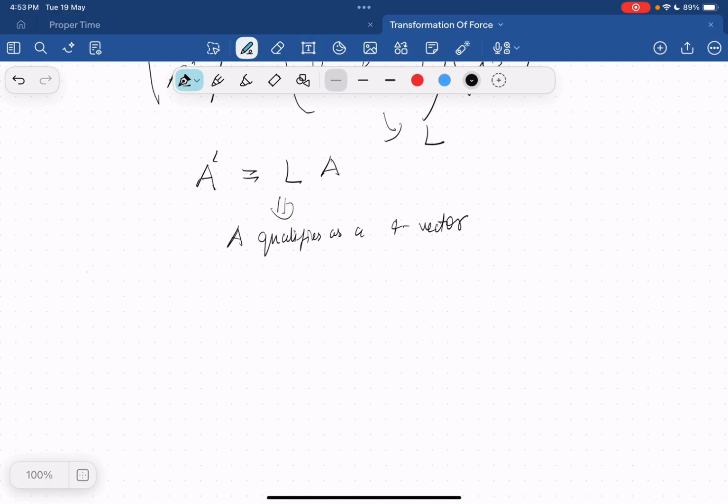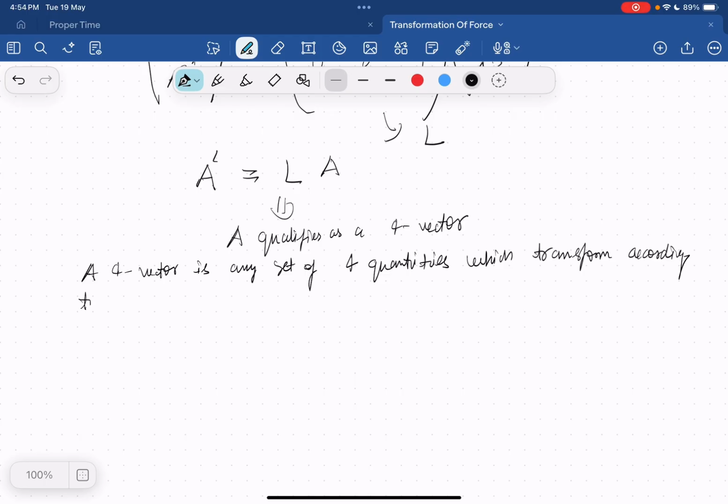So maybe we can write it: a four vector is any set of four quantities which transform according to Lorentz transformation.